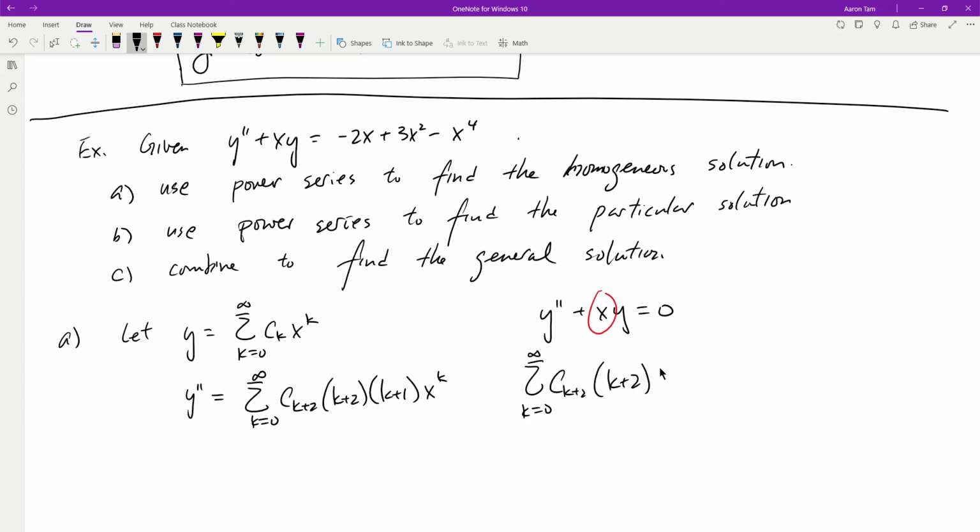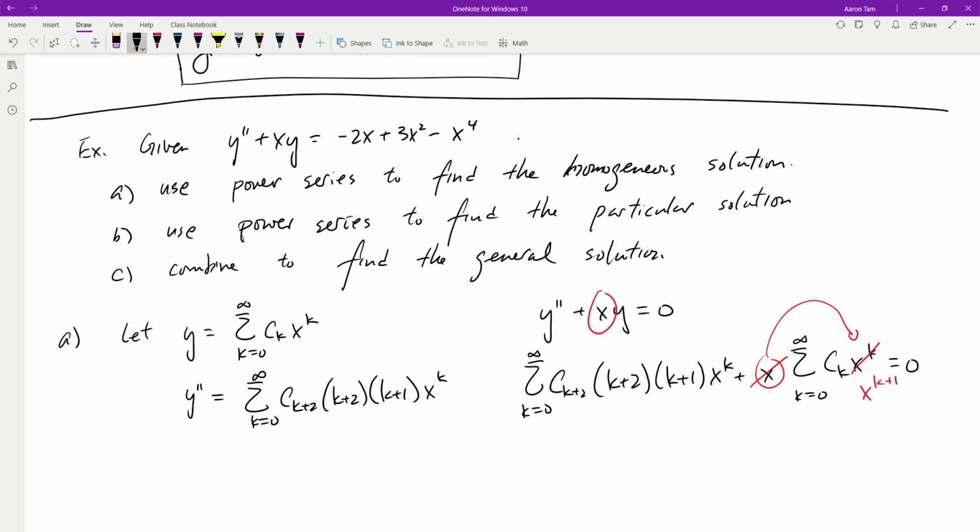So here's my y double prime. The problem right here is that this x is going to be distributed inside, and therefore turning this into, how should I write it, I'm going to just cross this out and say x to the k plus 1.